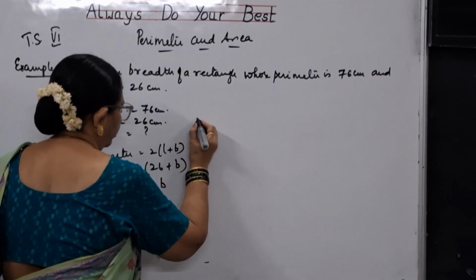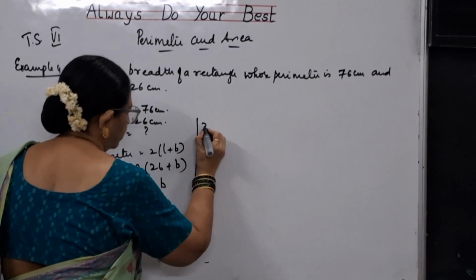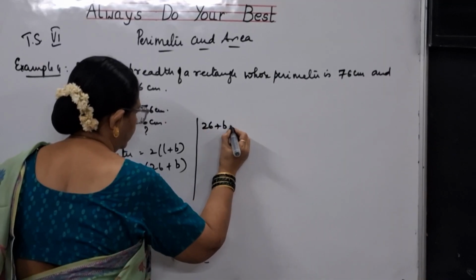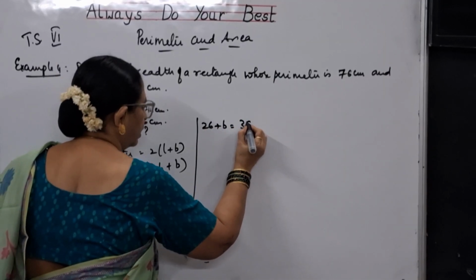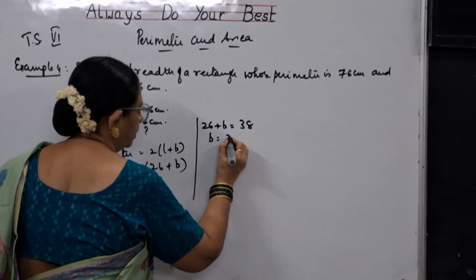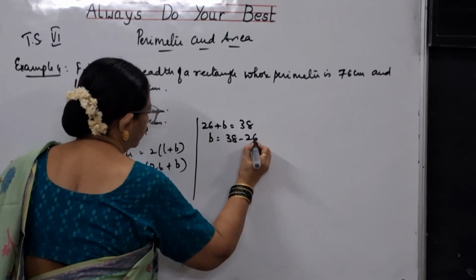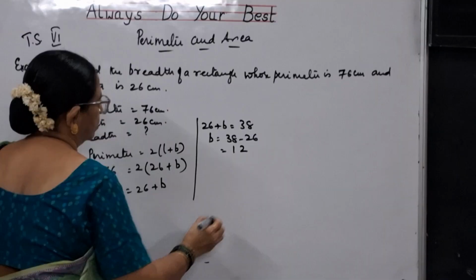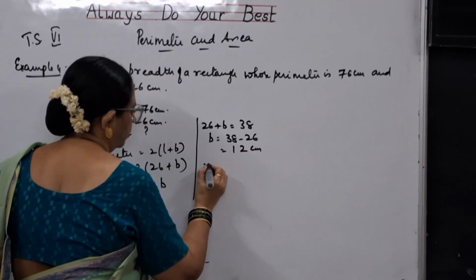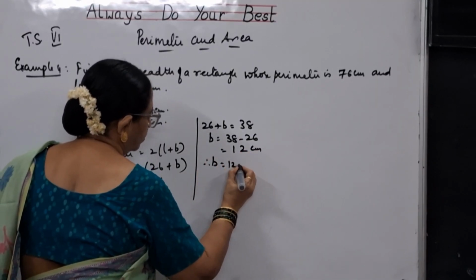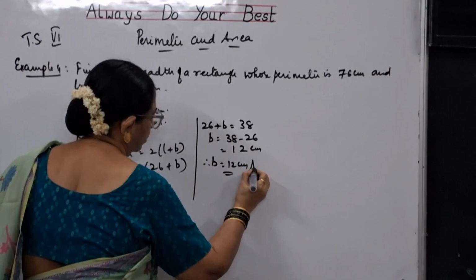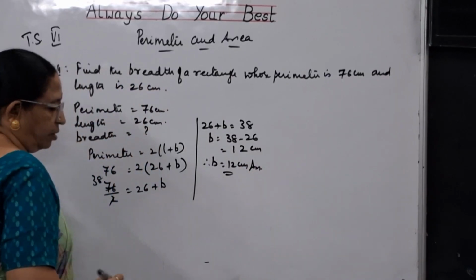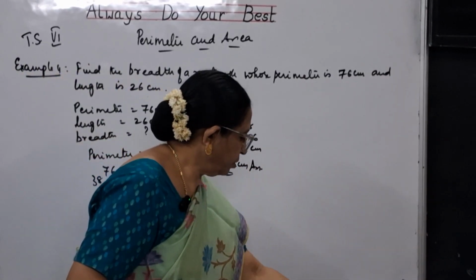So 26 plus breadth is equal to 38. So what is breadth? 38 minus 26. How much will you get? 12 centimeters. Therefore, B is equal to 12 centimeters is the answer, children. Please note it down.